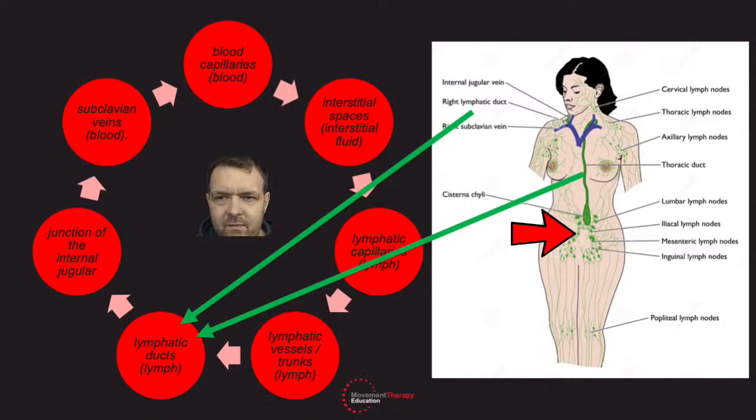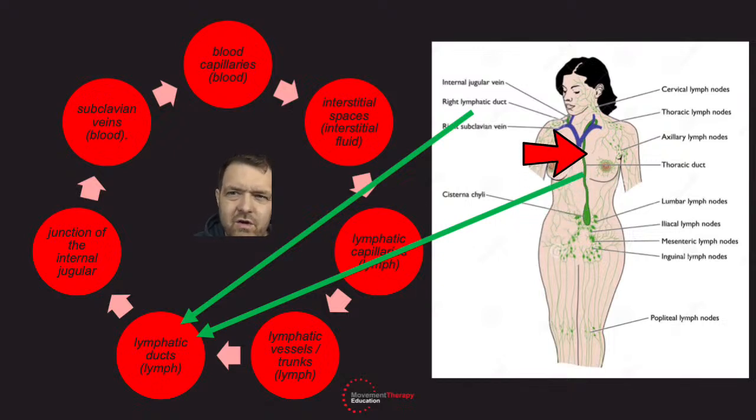Okay, cool. So yeah, they've gone from the capillaries, into the nodes, into the trunks, and now for the lower body we're in the cisterna chyli, and now we've got this really long duct. Okay, this thoracic duct.